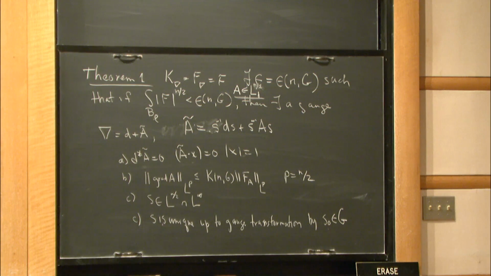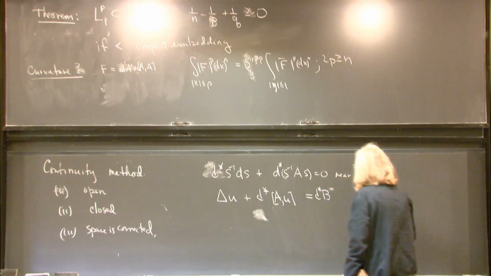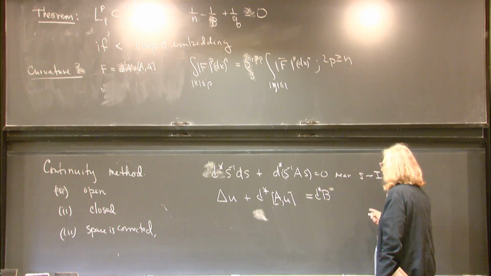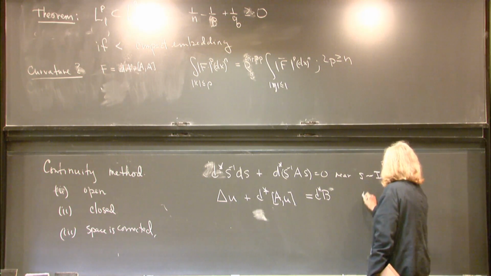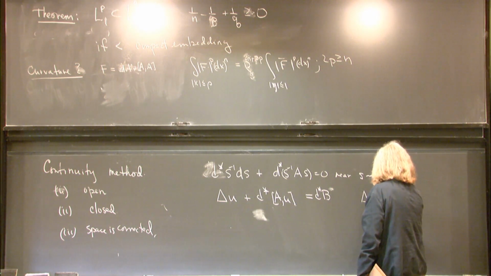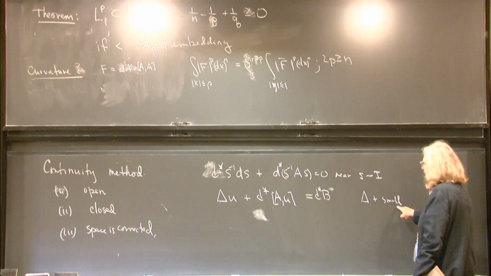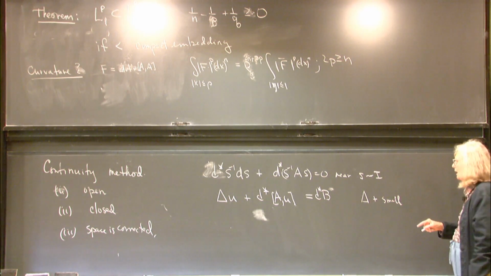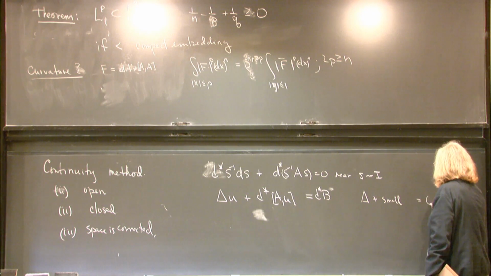And in fact, we can invert this operator in any LP that we want. So this is, in other words, Laplacian plus small, which is small. Again, you have to work out exactly what spaces go in what dimension. Is 0.